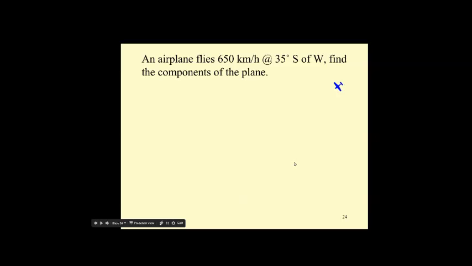Okay, so let's do an application problem. We have an airplane that flies at 650 kilometers per hour at 35 degrees south of west. And we're going to find the components of the plane. So here's my airplane. I'm going to draw out a vector to represent its velocity, 650 kilometers per hour, directed at 35 degrees south of the west reference.